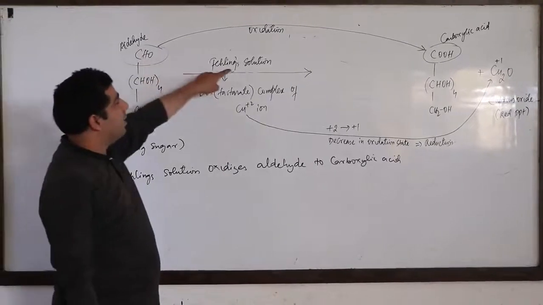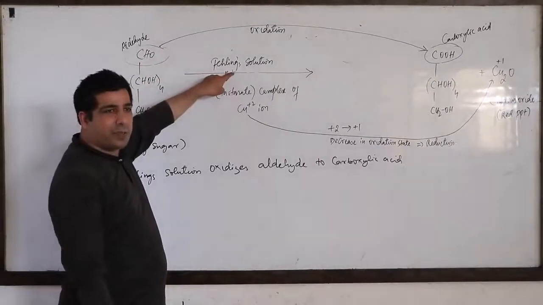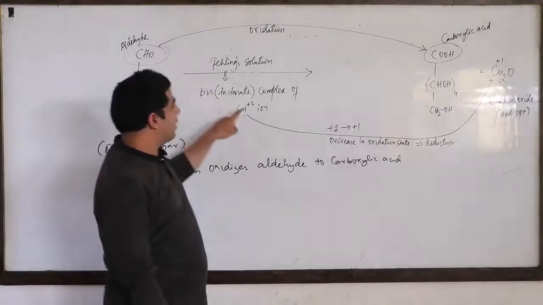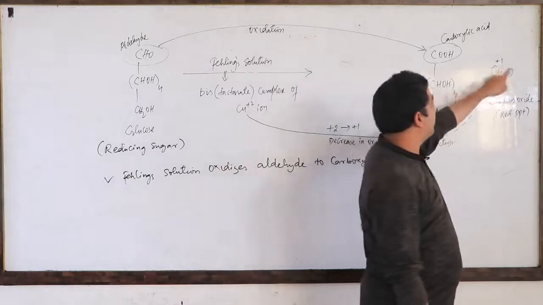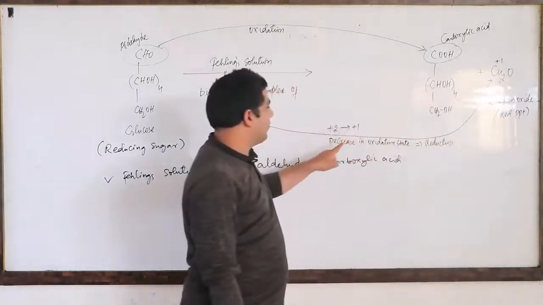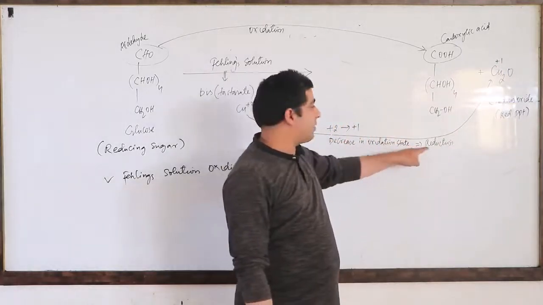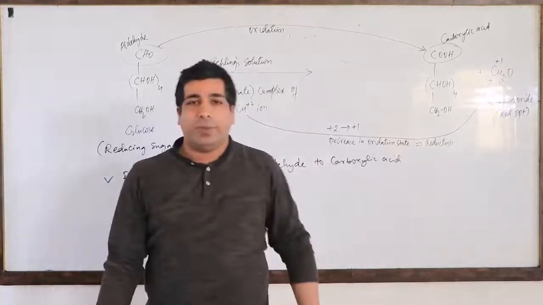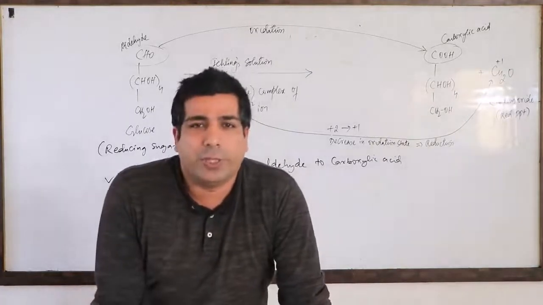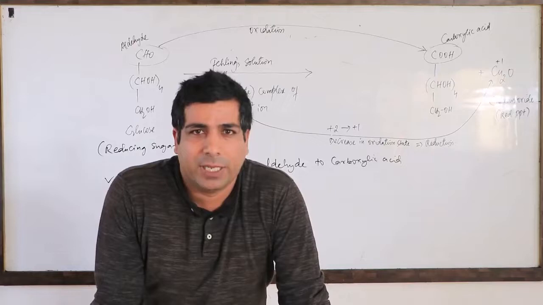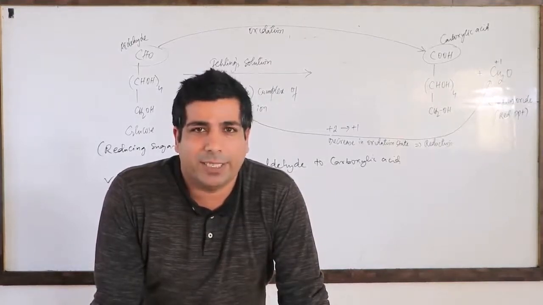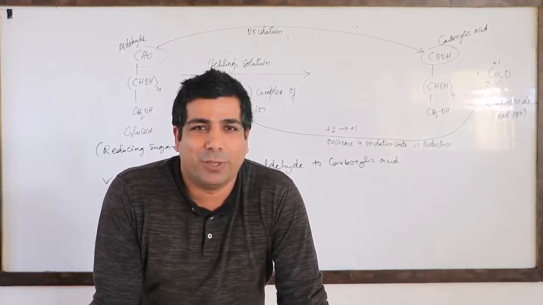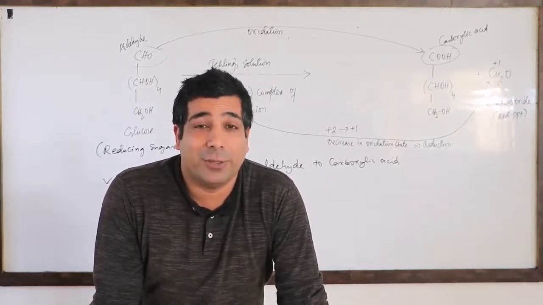So glucose is your reducing sugar because glucose contains aldehyde. Aldehyde will interact with Fehling solution, and this aldehyde group will convert copper +2 into copper +1. That is a decrease in oxidation state, which is called reduction, which means the glucose reduces the copper of Fehling solution from +2 to +1. Yes? So our glucose is a reducing sugar because it reduces the Fehling solution.